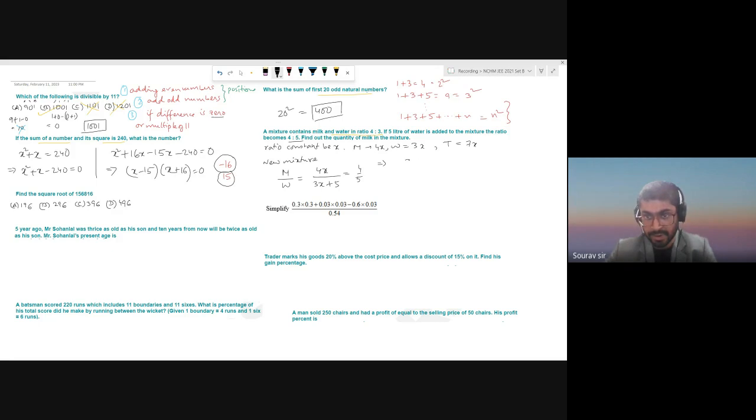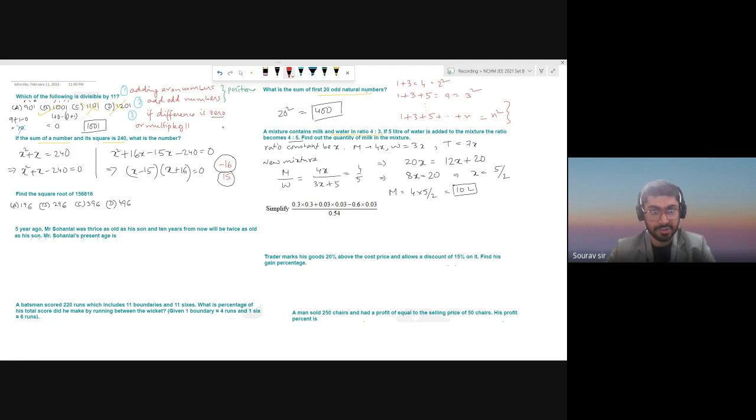Cross multiplying, we have 20x equal to 12x plus 20, which implies 8x equal to 20, which implies x equal to 5/2. Find out the quantity of milk in the original mixture. Milk was 4x, so 4 into 5/2, this would be 10 liters. That is the answer.